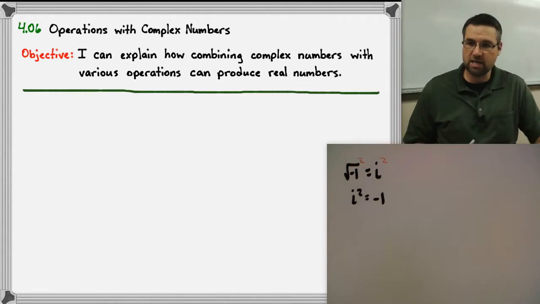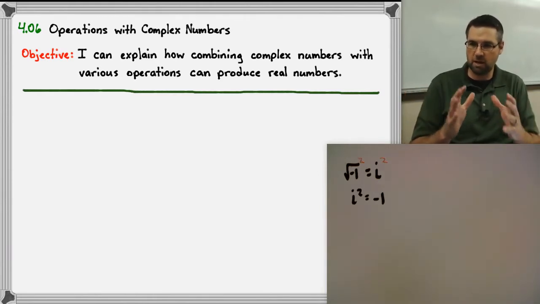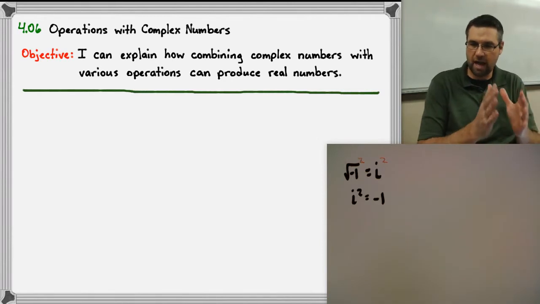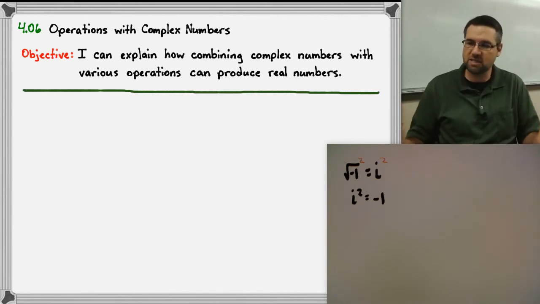Then we talked about the idea of adding and subtracting and multiplying complex numbers, and those complex numbers looked a lot like binomials. When we were multiplying binomials from first semester, adding, subtracting different polynomials, binomials, operations with complex numbers are the same rules.